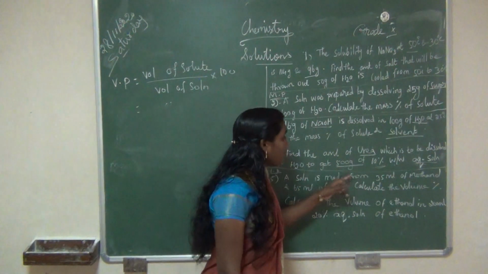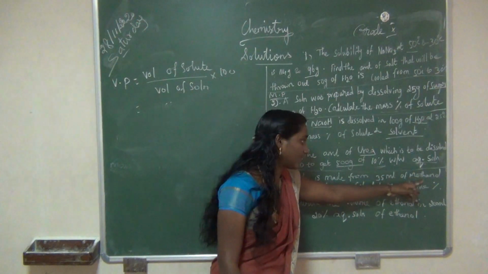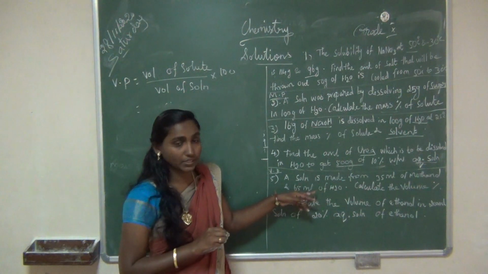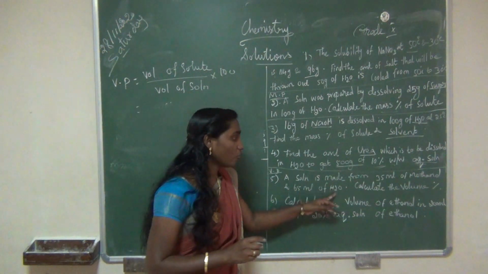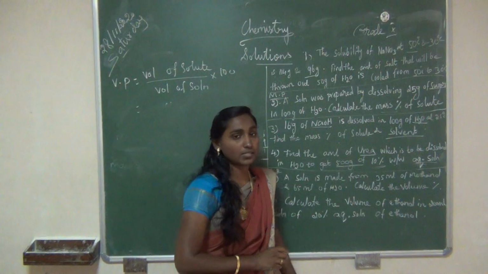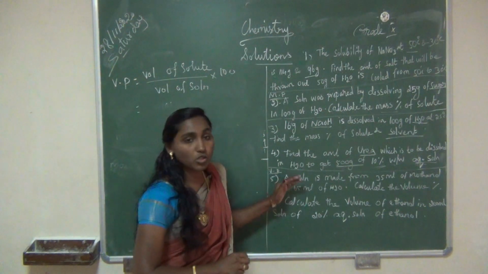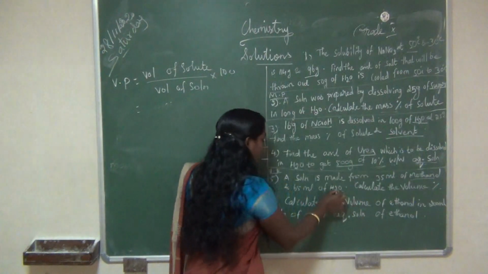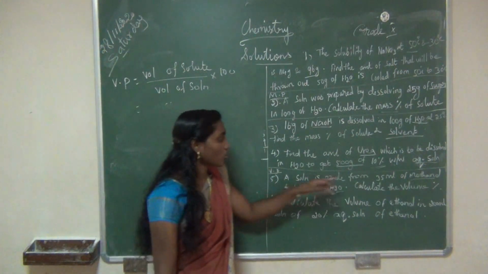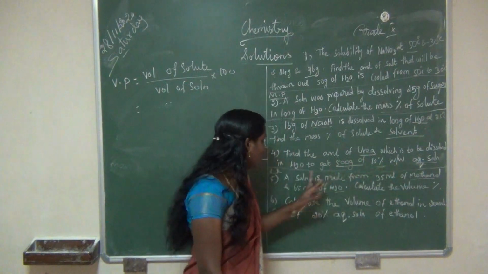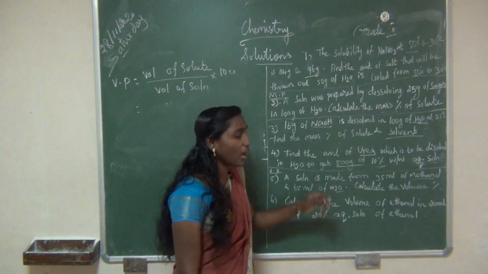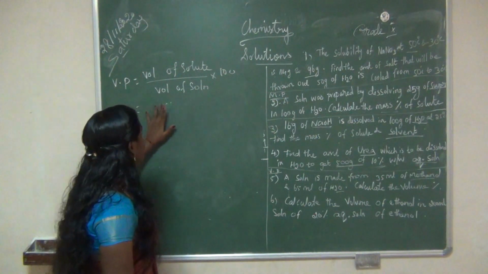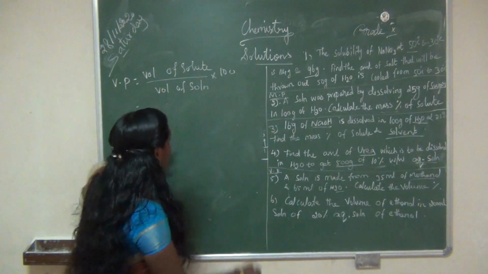A solution is made from 35 ml of methanol and 65 ml of water. Calculate the volume percentage. So here which one is solute, which one is solvent? Methanol is solute and water is solvent, right? So 35 ml of solute is dissolved in 65 ml of water. So we can apply the values. Volume percentage is equal to volume of solute, 35, right?